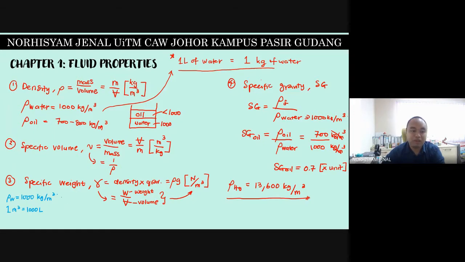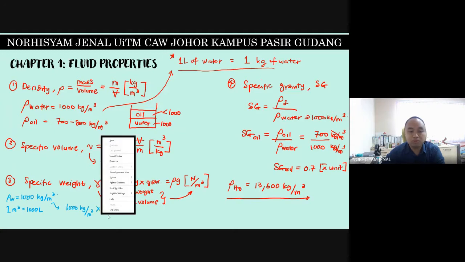Or if you want to change it through calculation, it would be 1000 kg per meter cube multiplied by 1 meter cube, which is equal to 1000 liter. So this cancels out, so 1 kg per liter.